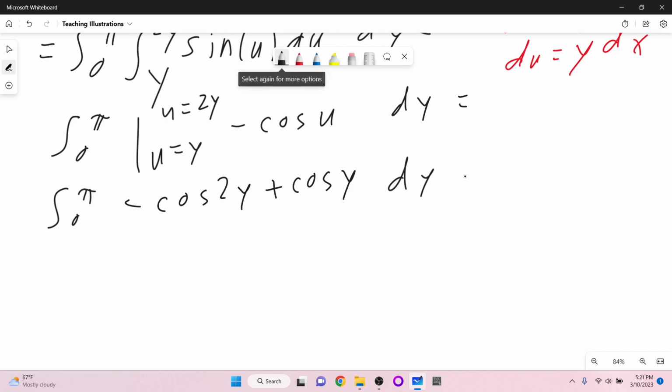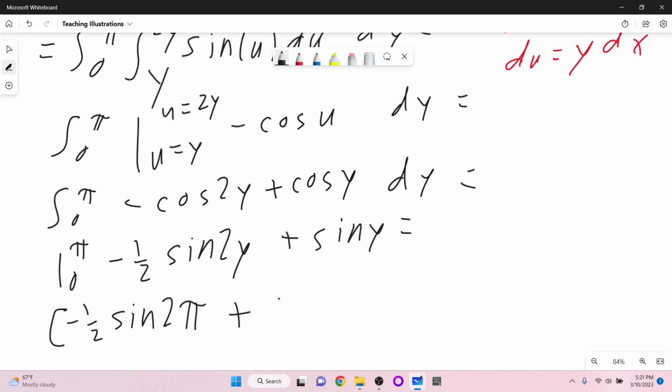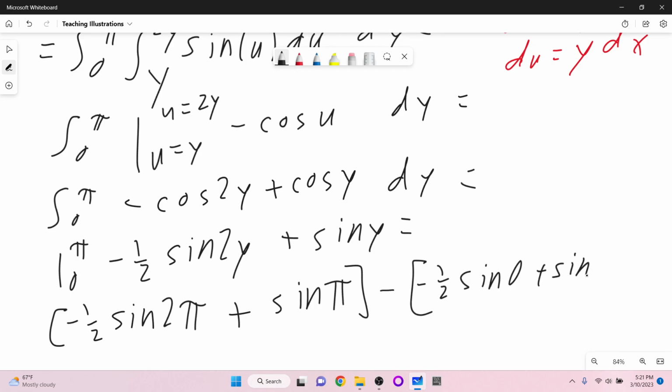And now, just some good old calculus 1 integrals. 0 to pi of negative 1/2 sine 2y plus sine y, which becomes negative 1/2 sine of 2 pi plus sine of pi, bracket, minus, I always use brackets for these for two separate pieces, negative 1/2 sine of 0 plus sine of 0.